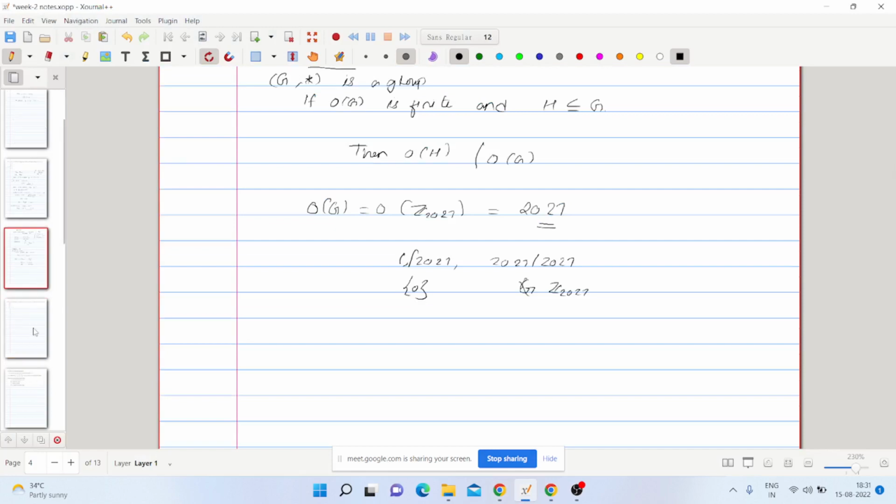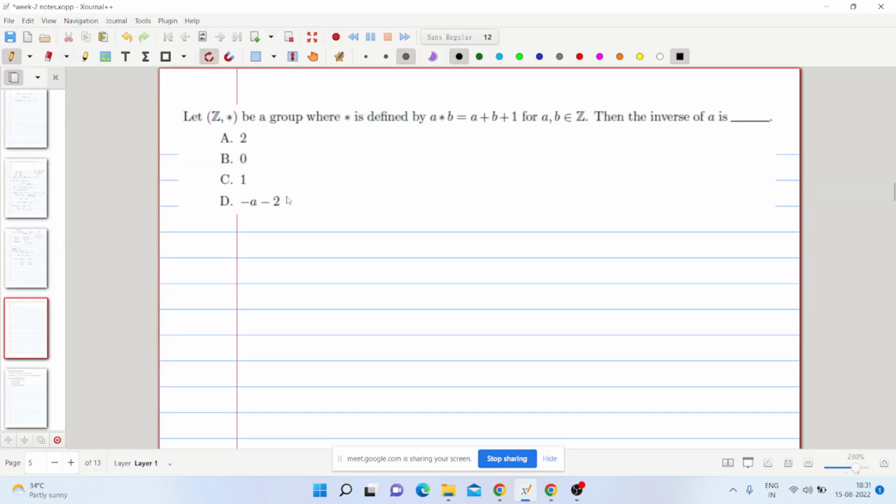Okay, let us move to the next problem. Here we are given a group Z with the operation star defined like this. If a and b are elements of Z, then a star b is a plus b plus 1. The question is to find the inverse of a.